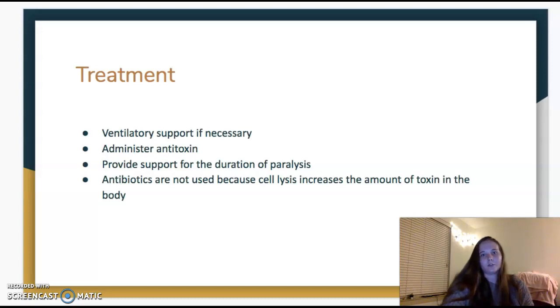Only if they're free will it stop them, so it'll provide some relief but not make it go away. And then you just provide general support for the duration of the paralysis, and the immune system will take care of the rest. You don't want to use antibiotics because cell lysis increases the amount of toxin in the body. You're killing the cells, and you're just releasing all of that toxin.